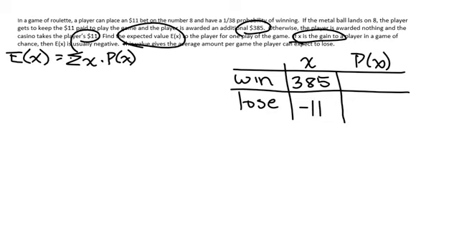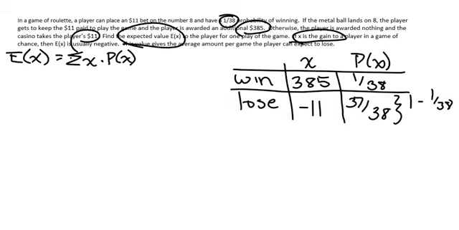The probability of winning in our example is 1 out of 38. Therefore, the probability of losing is the complement, or 37 out of 38. Just as a side note, that's the same thing as 1 minus 1 out of 38.